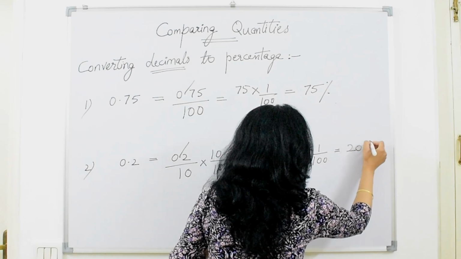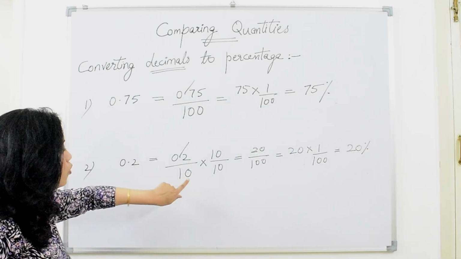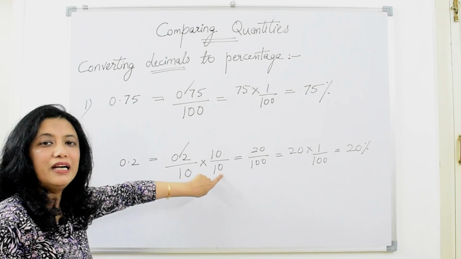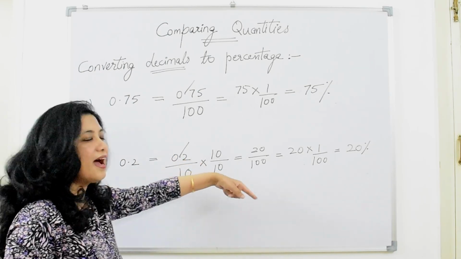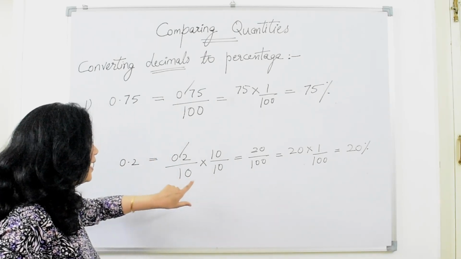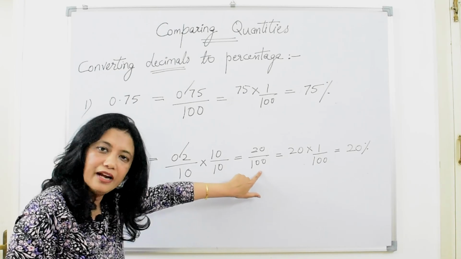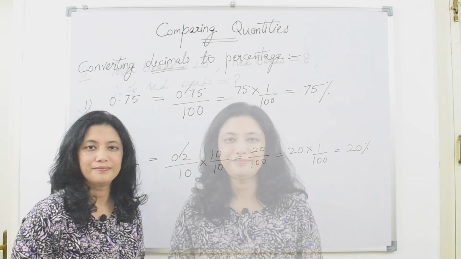This is 20%. Now another method is, if you don't multiply by 10, you can multiply both the numerator and denominator by 100, but then you will have to solve it further. So it is easy if you multiply with 10 and you directly get 100. So this is how we convert decimals to percentage.